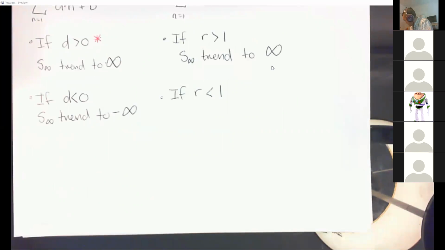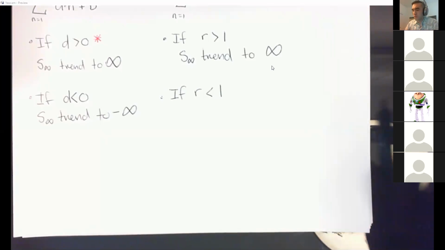It flips from negative to positive for each n value. Yeah, exactly. Because a negative number raised to an even power will give us back a positive number. Negative 2 squared is positive 4. But a negative number raised to an odd power gives us back a negative number. That is to say, negative 2 cubed gives us back negative 8.